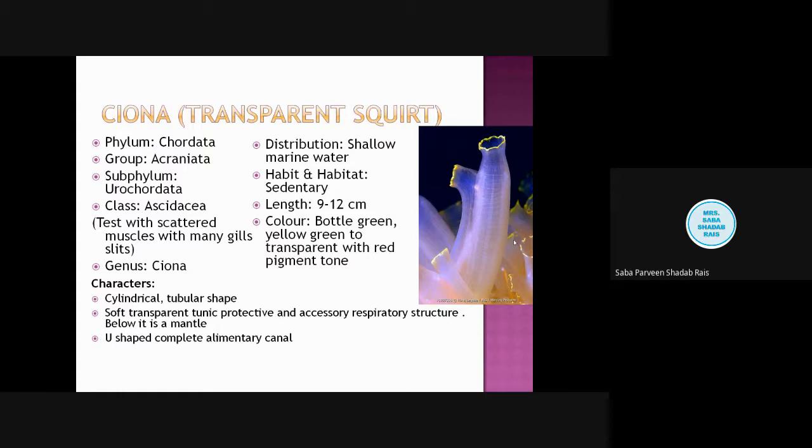When you observe the anterior part, they have an 8-lobed branchial siphon and a 6-lobed atrial siphon. See, these are the siphons.